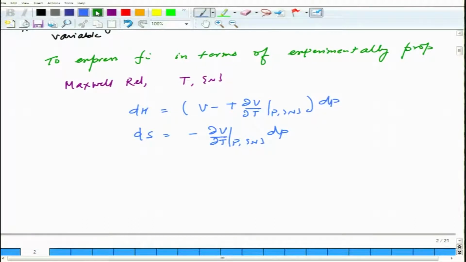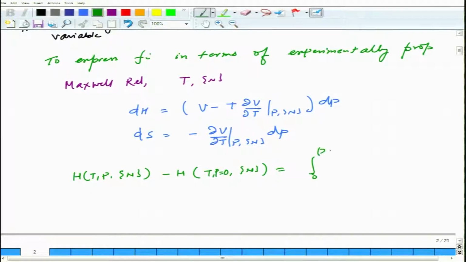So, if I integrate the enthalpy expression, we have this minus h, integrating from pressure 0 to P at constant composition.